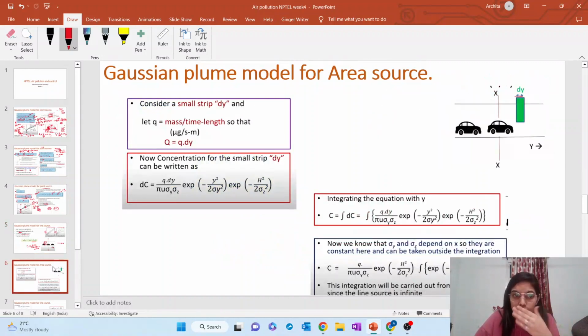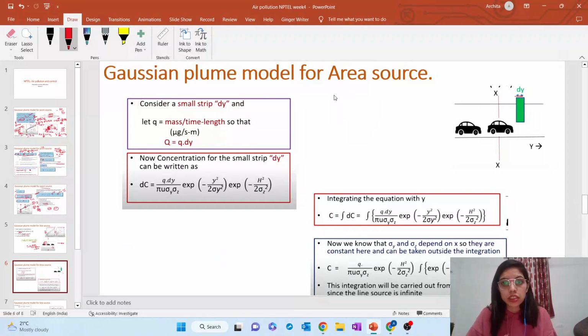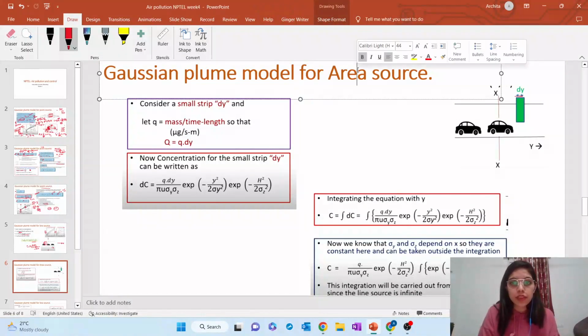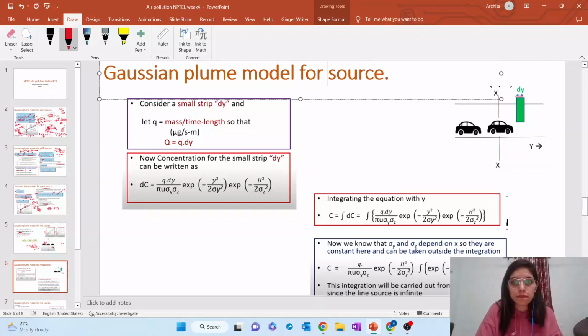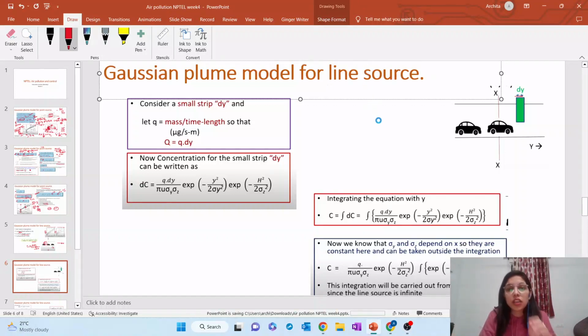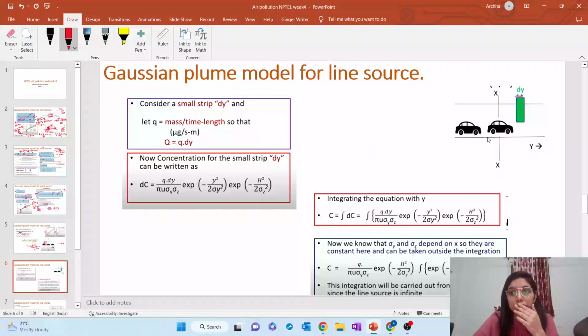Okay, so for the solution, it's the line source. What sir said is that you consider a patch in the direction of motion which is dy, a small rectangular strip with a distance of dy.